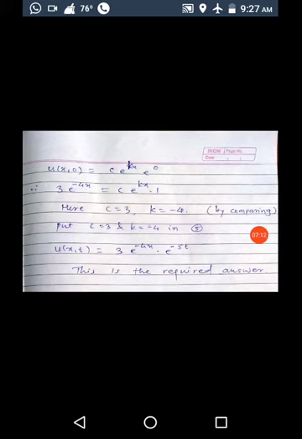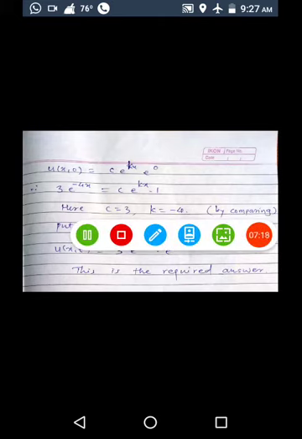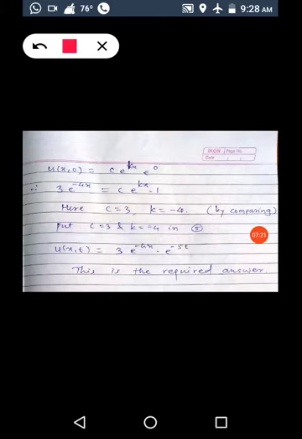Therefore 3e^(-4x) is equal to c e raised to kx. Comparing the coefficient of the exponential function, we have c equal to 3, and comparing kx with minus 4x, we have k equal to minus 4.